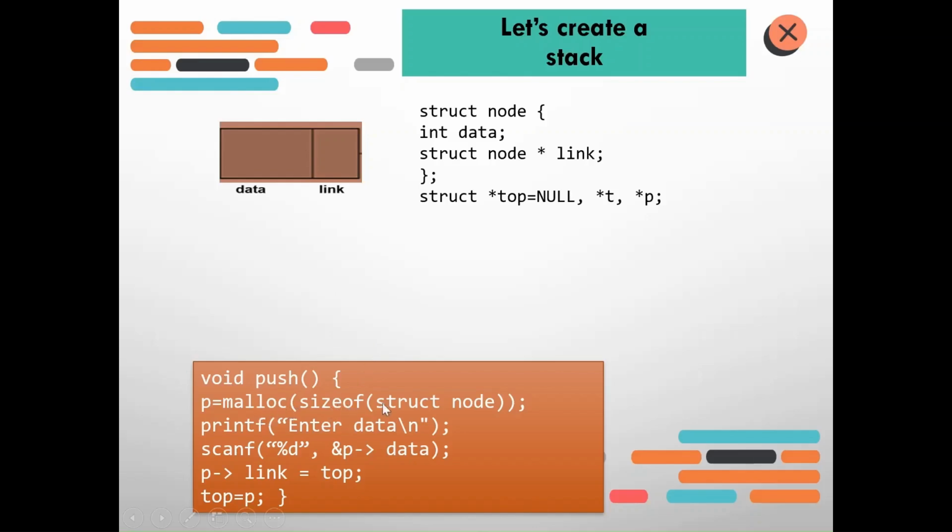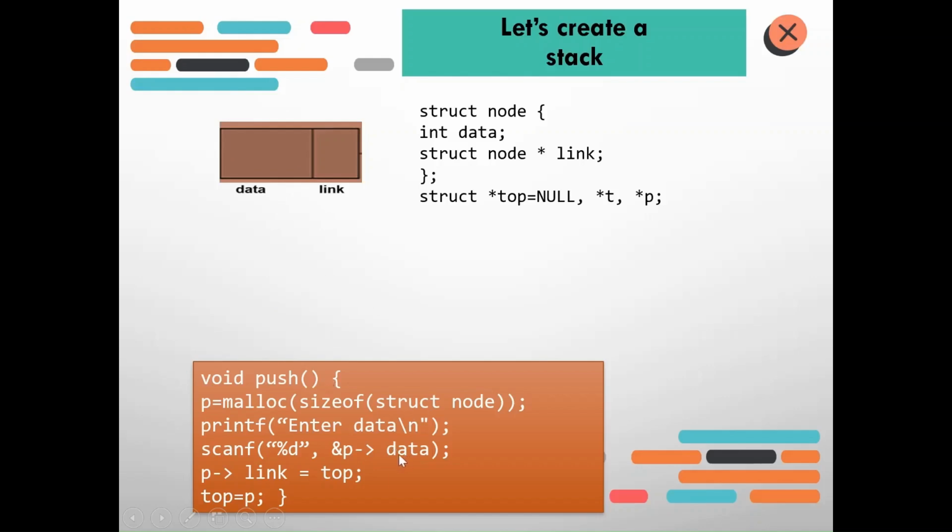Here I am allocating the memory for a node, and as discussed previously, I am storing the starting address at P. Now I am asking for the value, and I am storing it at the data portion of the P. So P is the address of, say, this node or the node that would be allocated.